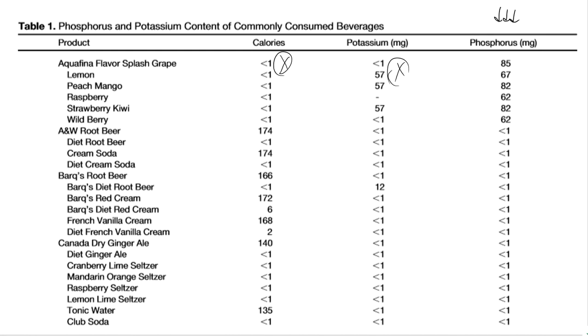And right off the bat, you're going to see something very unexpected. Here in the first piece, up at the very top, you're going to see Aquafina. And this is flavored water. And over here, if you look at the phosphorus contents, they're all fairly high. So people will gravitate toward a flavored water, and they think it's water, it's good for you.